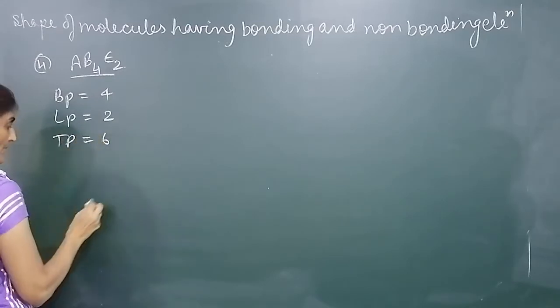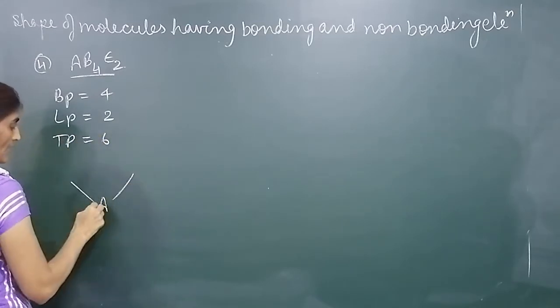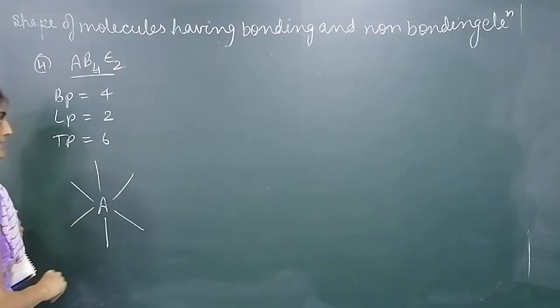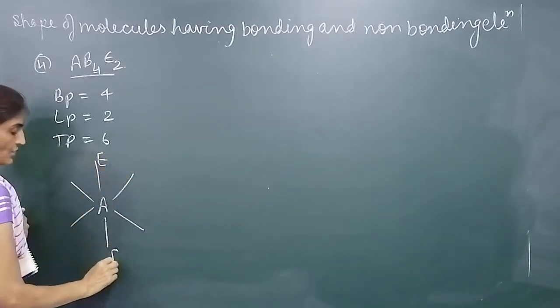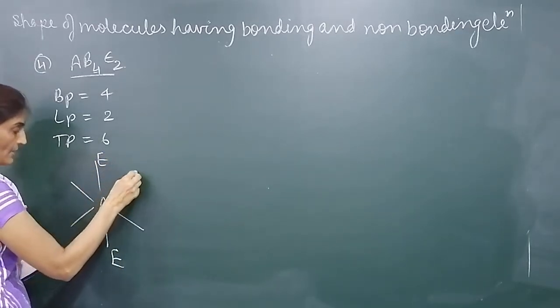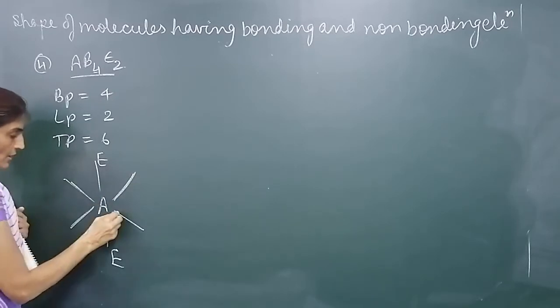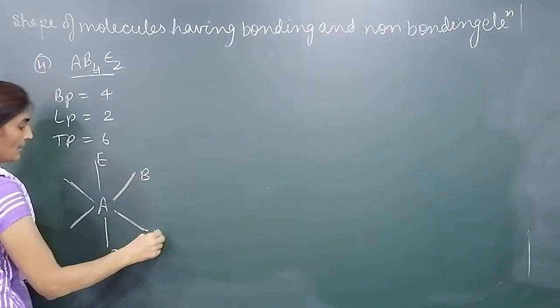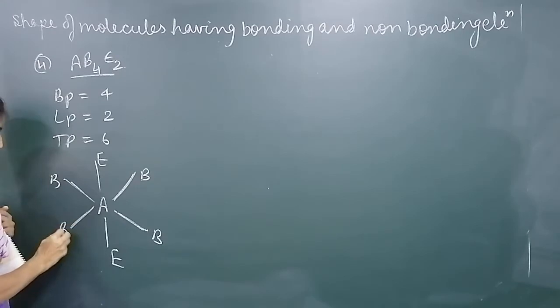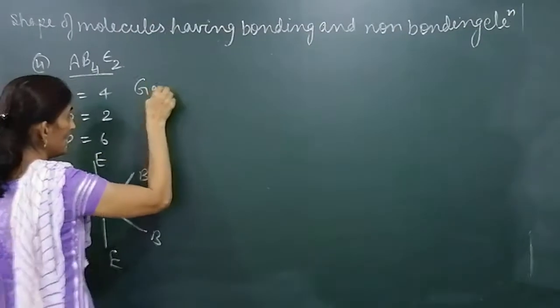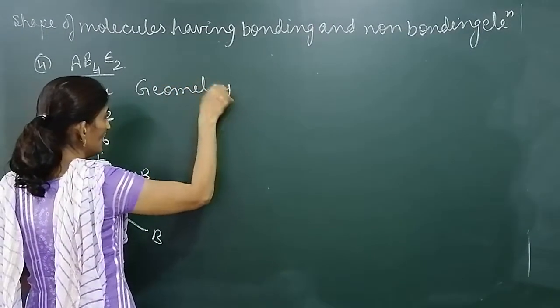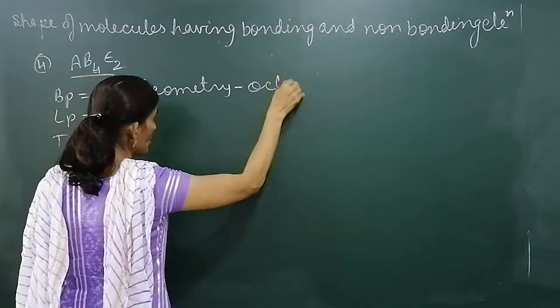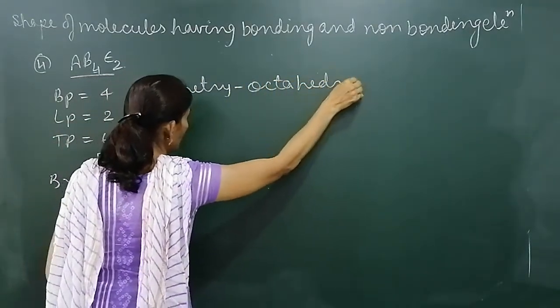If there are total 6 pair, then it will be octahedral. Geometry will be octahedral like this. 2 lone pair will be arranged at 180 degree angle, so that repulsion is less; any 2 places we can arrange. Here it will be bonding, bonding, bonding and bonding. So geometry is octahedral due to presence of 6 electron pair.